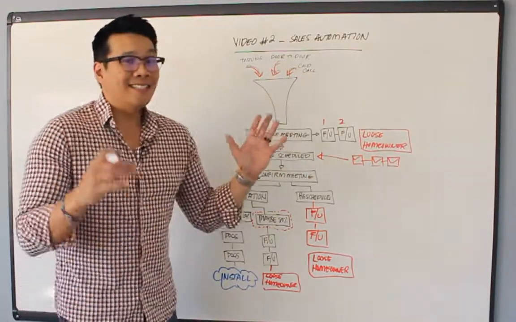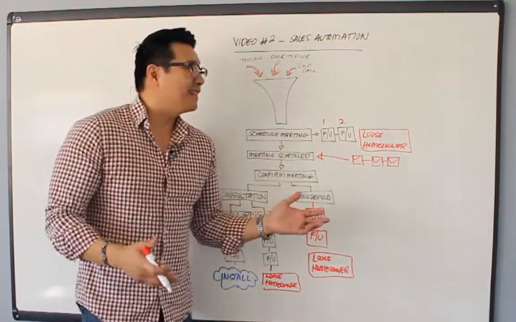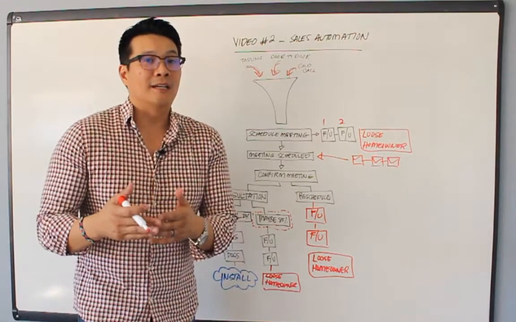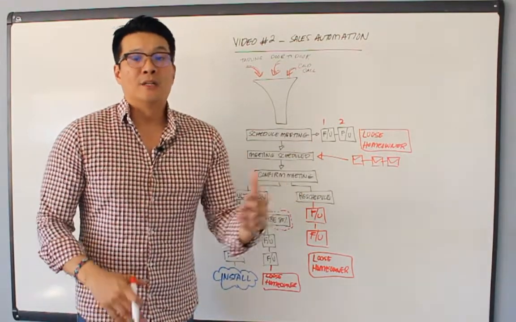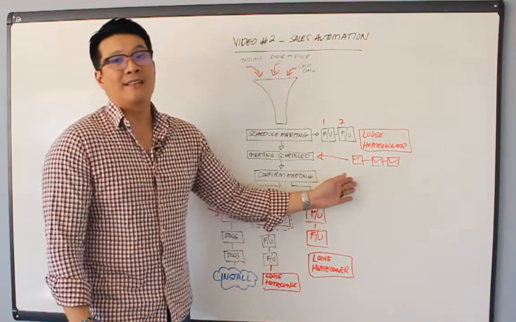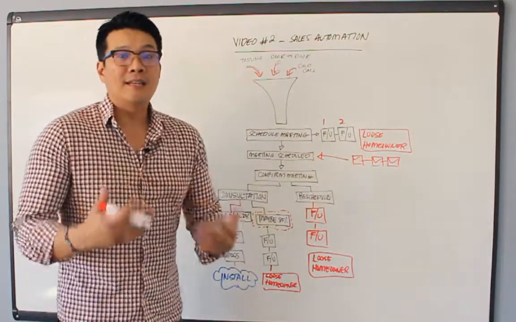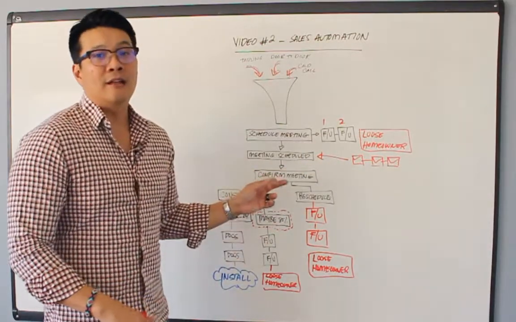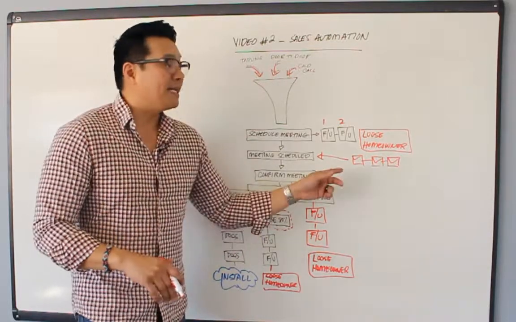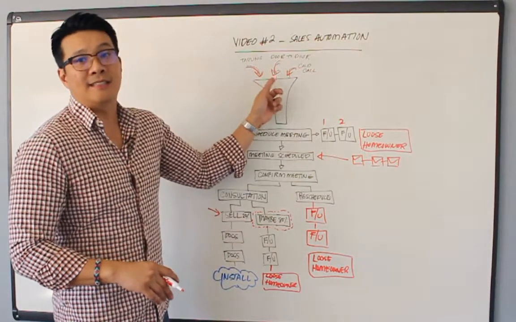So hopefully this is getting you excited, right? Because every time I talk about this stuff, it really gets me excited. This is what separates the guys that are making real money from the guys that are making no money at all, right? So if you can even just capitalize on a small percentage of the leads that are not being scheduled on your calendar, you can see how much more money or commissions you're gonna make by getting them on your calendar, because you worked hard to get this lead.